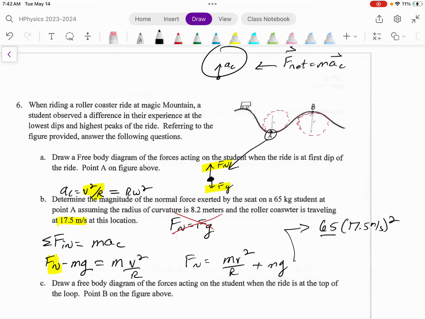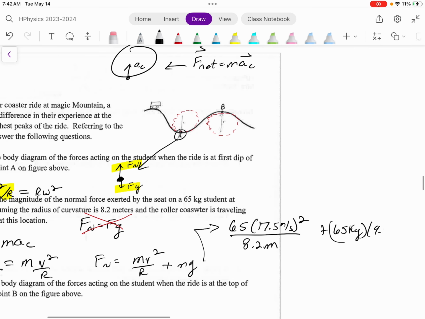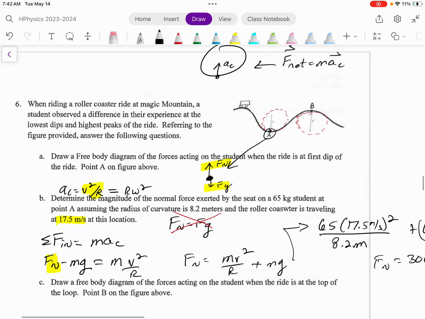Don't forget to square it. Divided by the radius of curvature was 8.2 meters. Then I have to add the force of gravity to it, which was, I used 9.8 here, which you don't have to, and then force normal is equal to 3065, and that is in newtons.